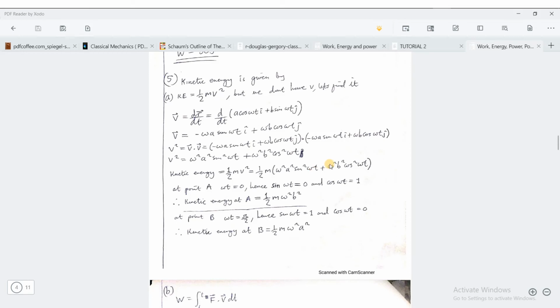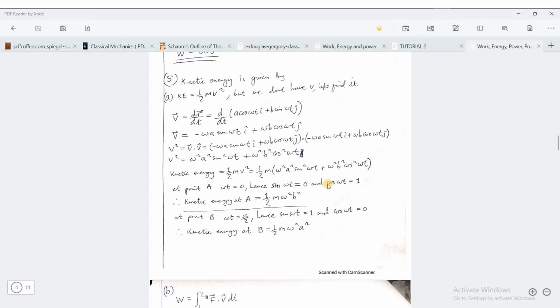We take it there, plus omega squared b squared cos squared omega t. Alright, so now cos omega t is 1, right? So this cos omega t will be 1. Here it is just squared, but there is no difference.